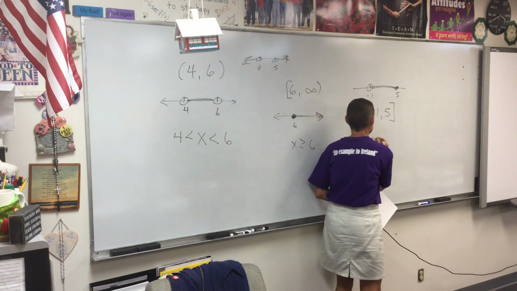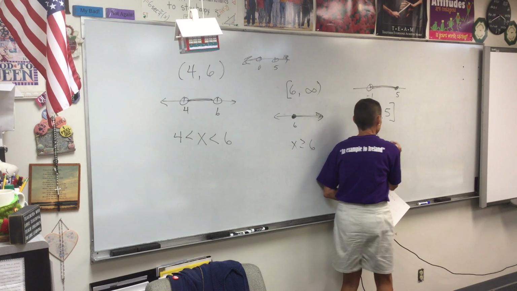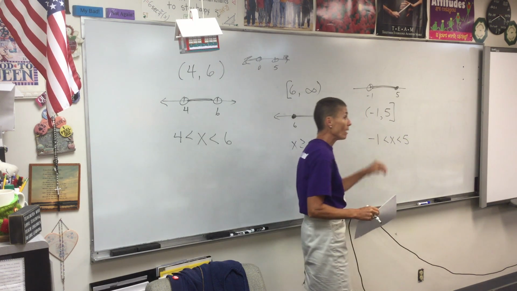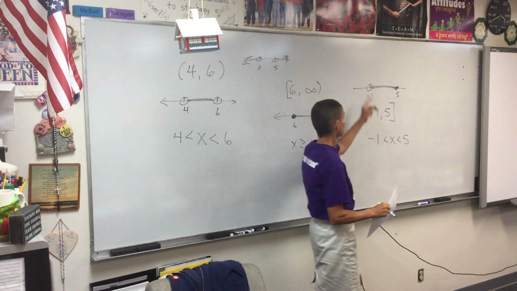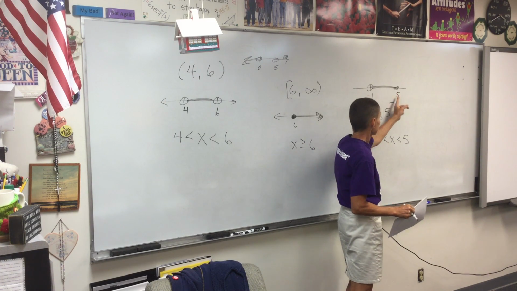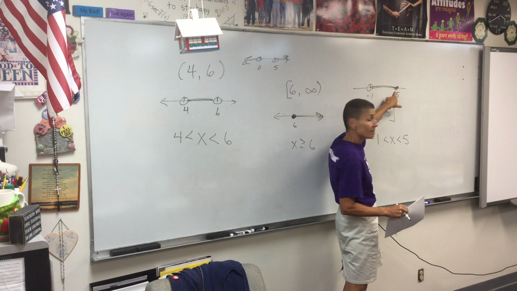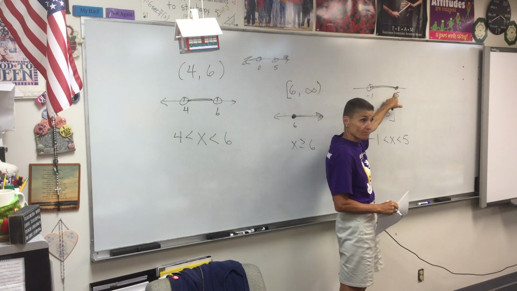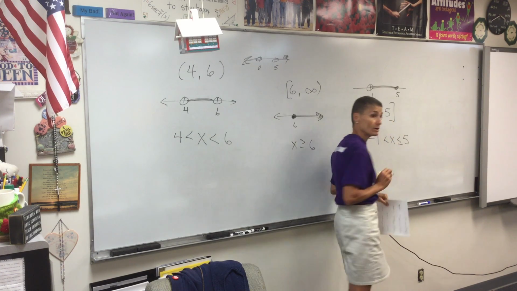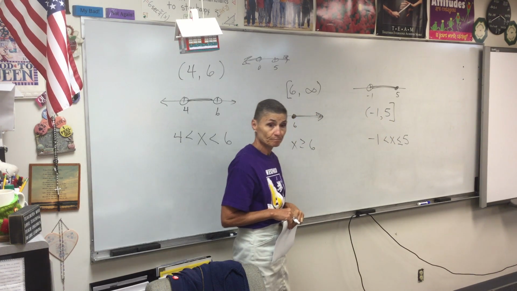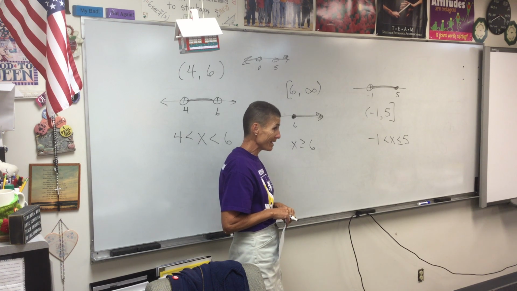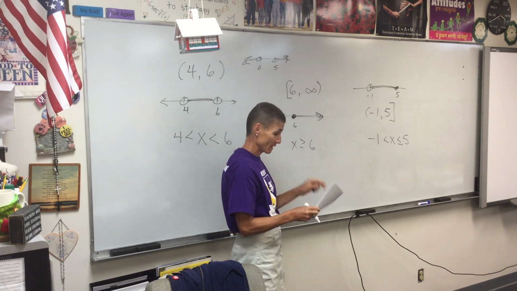So put down your -1, your X, and your 5. Always use less thans. -1, X, 5. And then, because that dot is colored, we'll need to put in or equal to on that one. Are you okay with that?